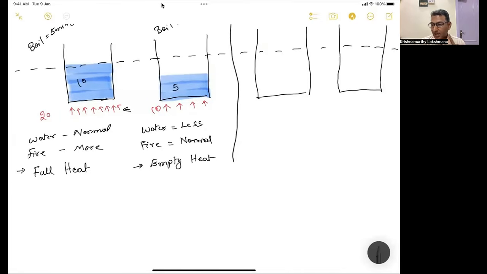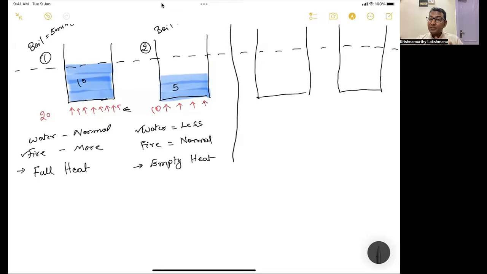Here, in both situations, the water is boiling fast, but in the first situation, the boiling is fast because the fire is more, and in the second situation, the boiling is fast because water is less.